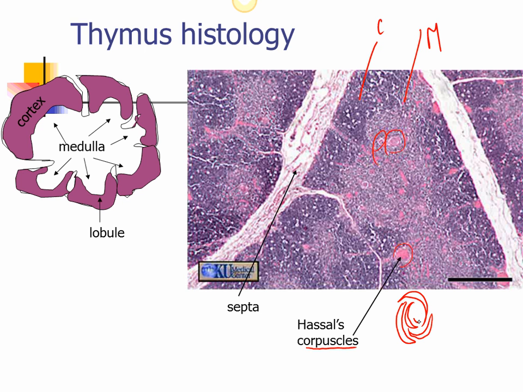If you look at it in very high power, you'll be able to see the cells lined like this. Can you see it gives an onion peel-like appearance? The function of Hassall's corpuscle is not known. They think it's probably the cells dying in this area.